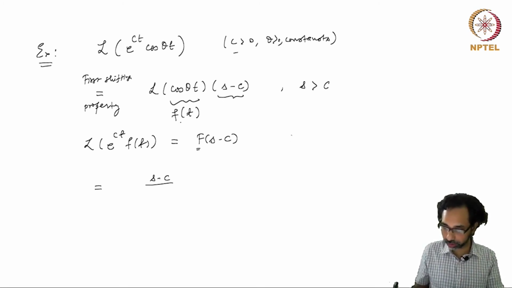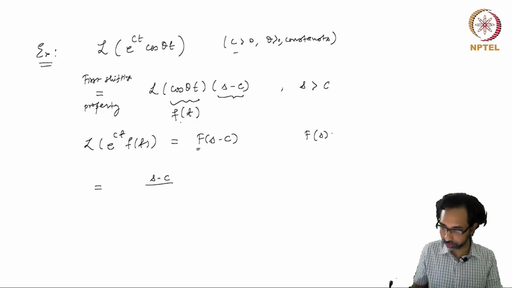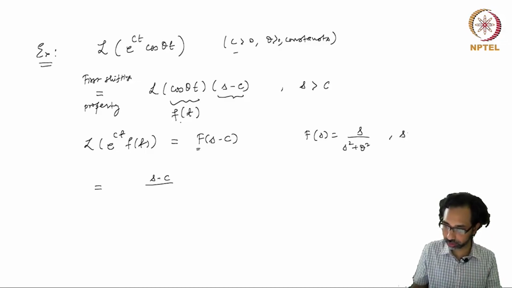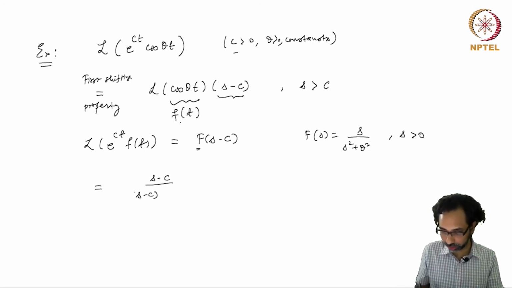Since the Laplace transform of cos theta t is given by s over s squared plus theta squared for s greater than 0, when we replace s by s minus c, we get (s minus c) over (s minus c) squared plus theta squared, and here s is again greater than 0.